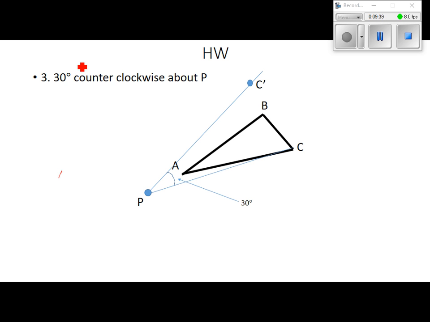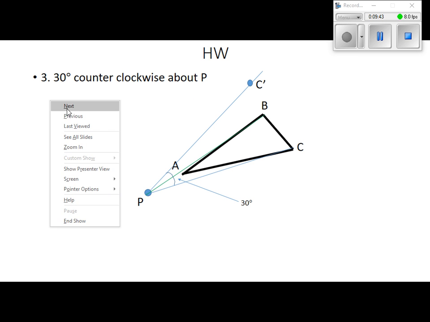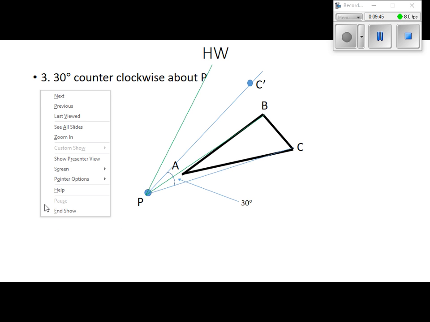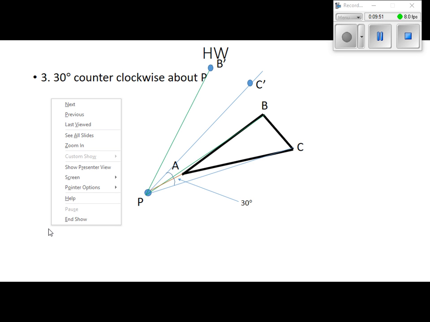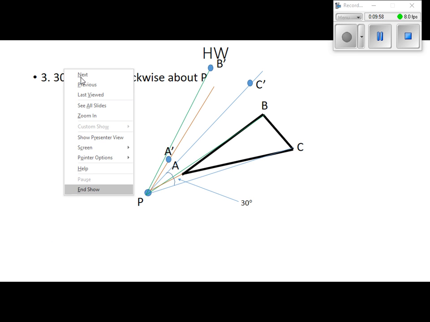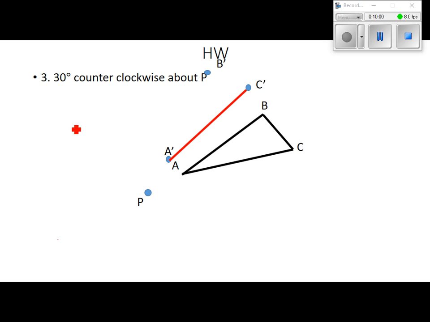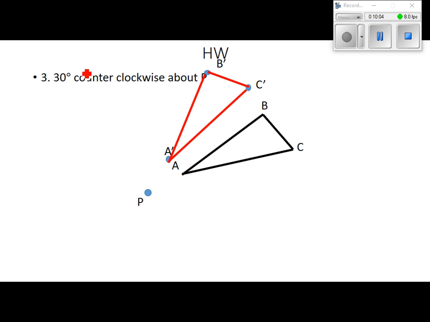C prime, thank you. C prime. My C was off, is that what you said? What's that point going to be labeled? B prime. A prime there. Connect them. Is that about where my shape was?